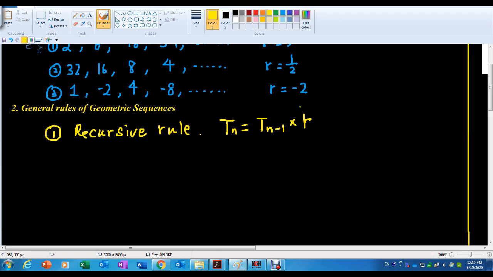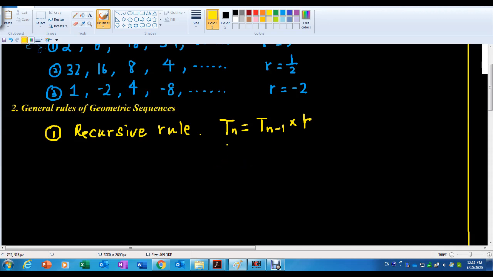You should have got used to this kind of notation. It means each term in the geometric sequence equals its previous term times the common ratio. The common ratio can always be found by dividing a term by its previous term.